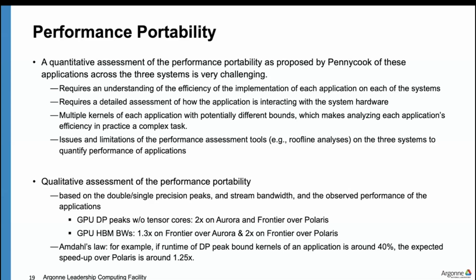It requires understanding of the efficiency of the implementation of each application on each architecture. Also, a detailed assessment of the application interacting with different components, right? So CPU, GPU, PCIe, NICs, etc. And various kernels have different performance bottlenecks.